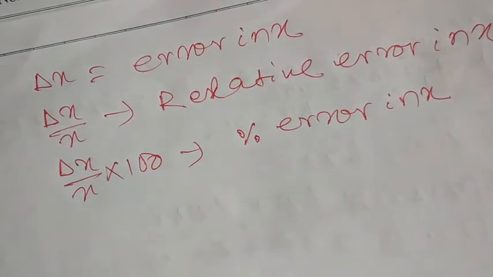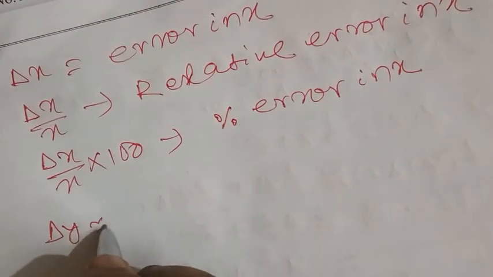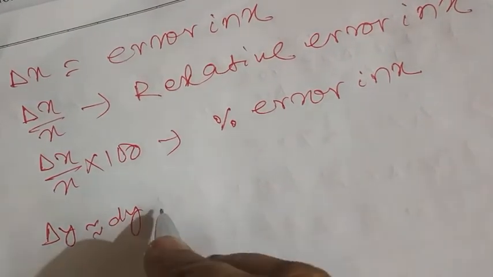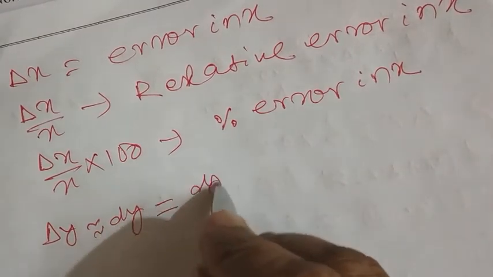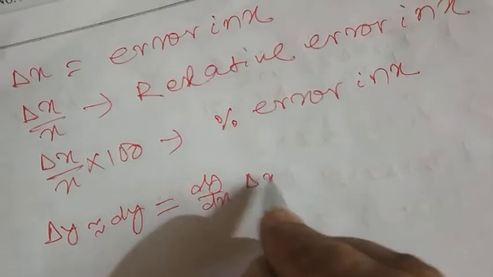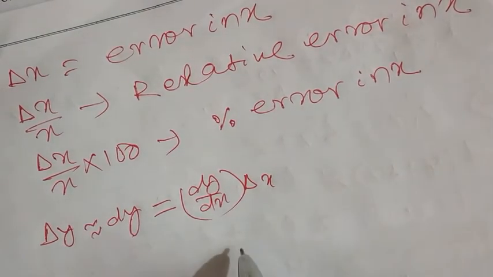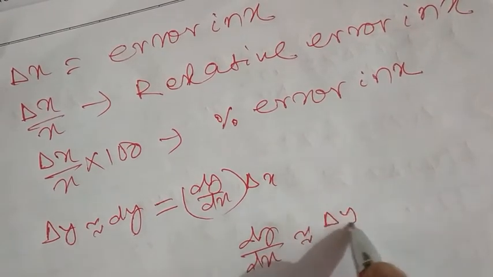So, how do I find the error in y? Delta y. How do I find delta y? It is approximately equal to dy, not equal to dy. And this is nothing but dy by dx into delta x. Why is it approximately equal to dy? Because dy by dx is approximately equal to delta y by delta x.